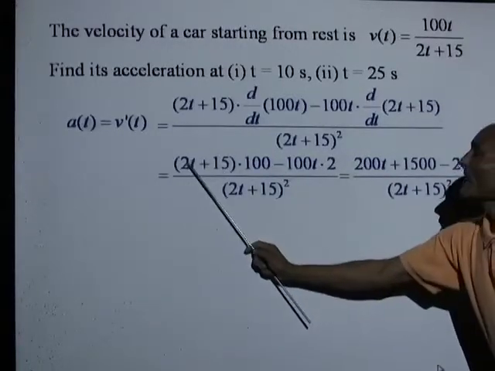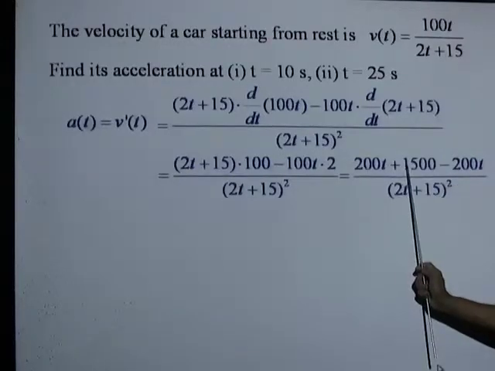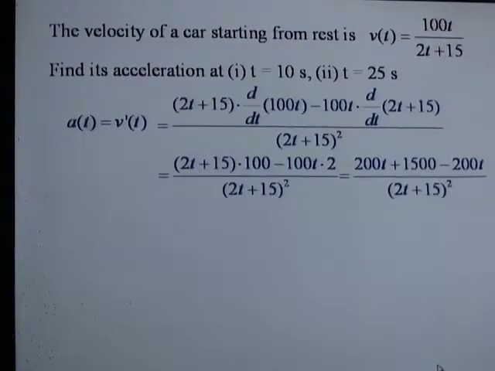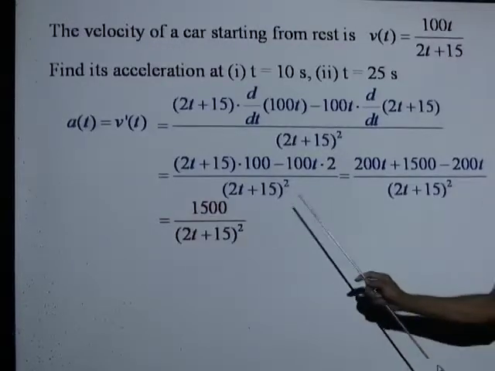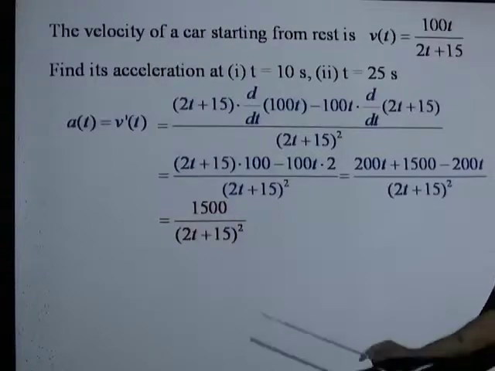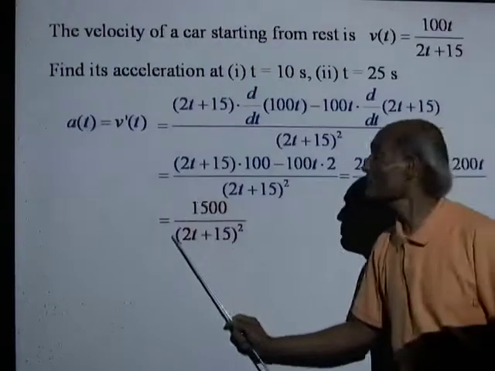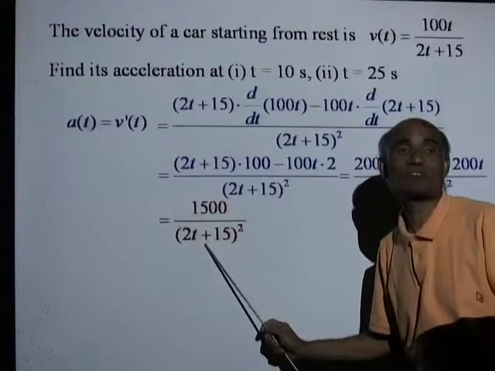Simplify that. That will be 200t plus 1500 minus 200t; simply simplify the numerator. The 200t will cancel, and that will give you 1500 divided by (2t plus 15) all squared. Now this is the acceleration function, acceleration as a function of t.